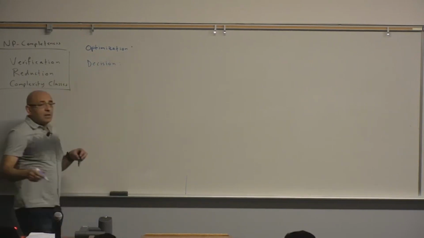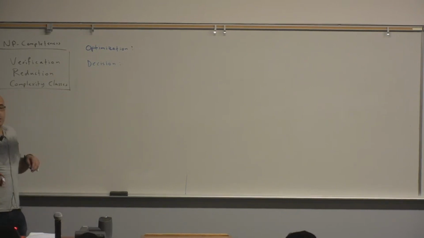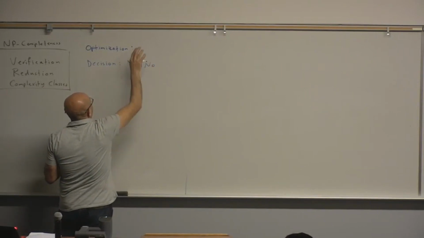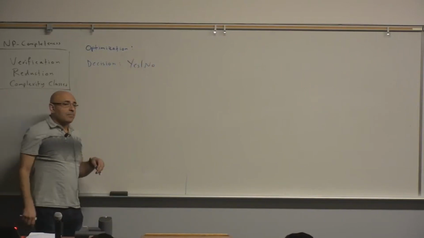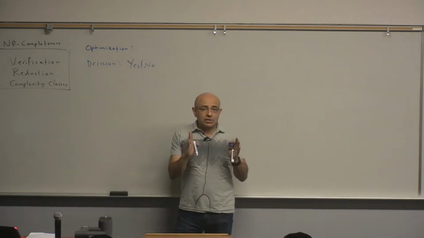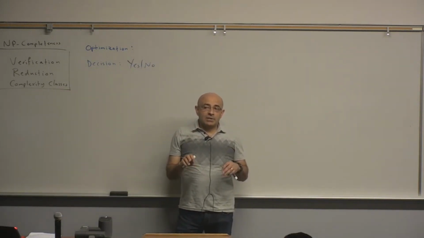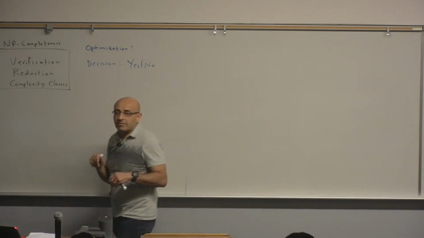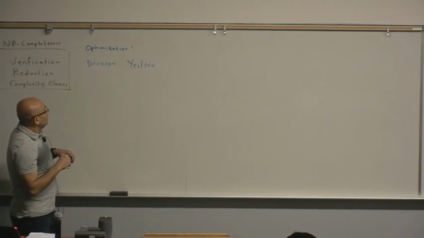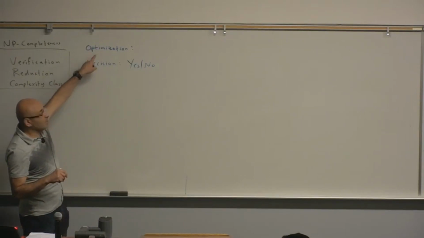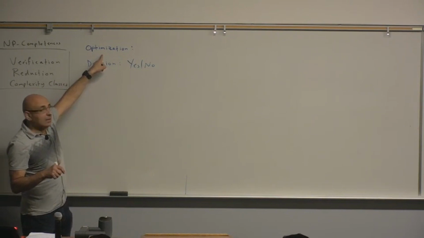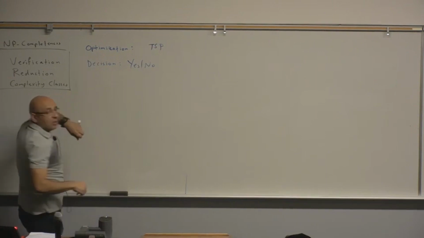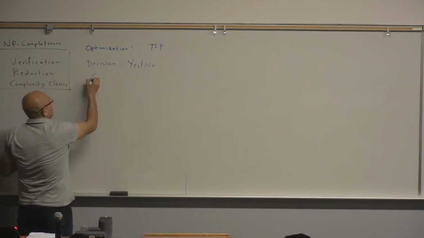It's a problem for which the solution is just a yes-no. While an optimization problem is a problem for which the solution is maximizing or minimizing a certain cost function. Okay? The example that we presented for an optimization problem was the TSP. The example of a decision problem was subset sum.